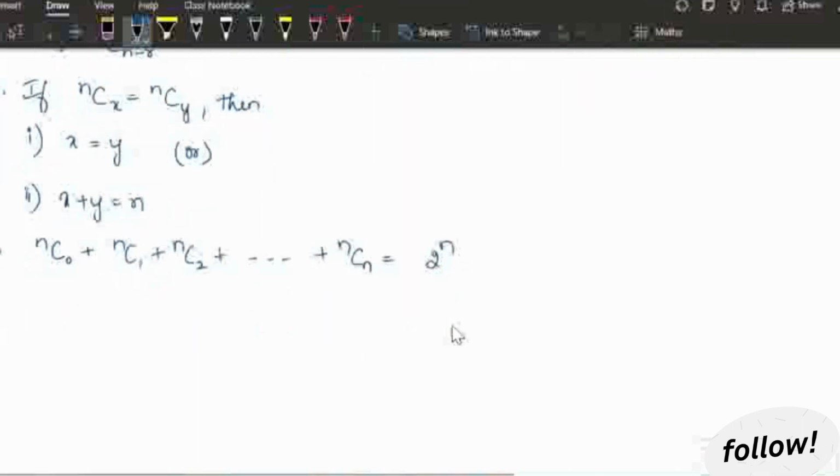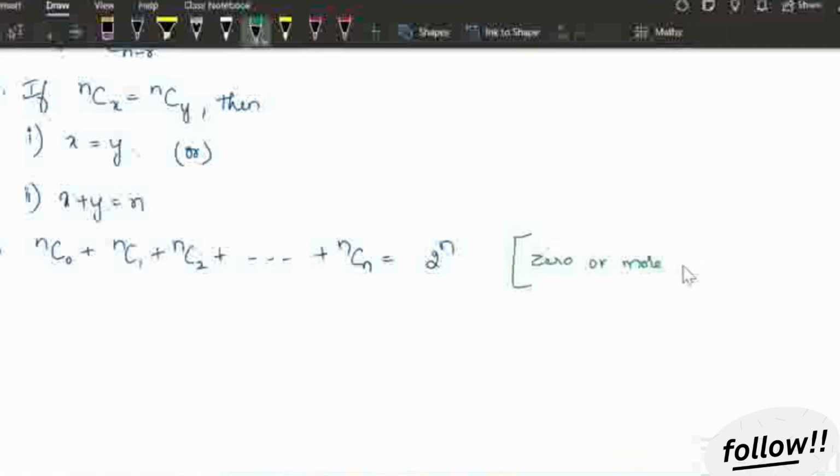This is the actual result where the possibilities of 0 or more combinations or 0 or more selections, then you will use this formula 2 power n. Okay, this is when in the question they have given 0 or more selections.